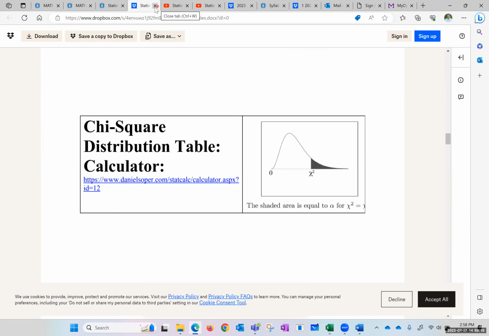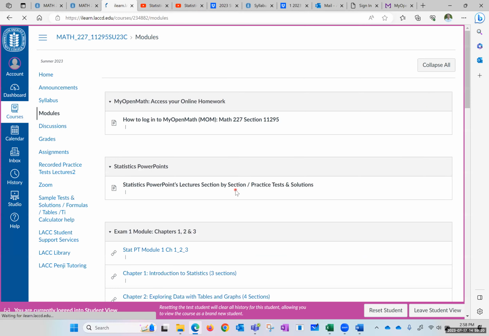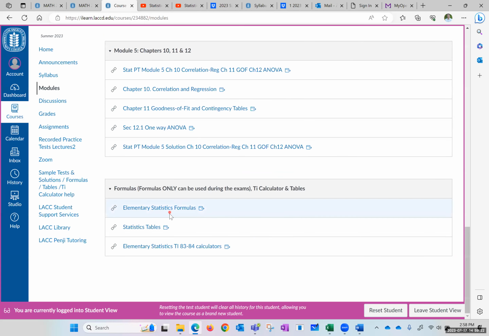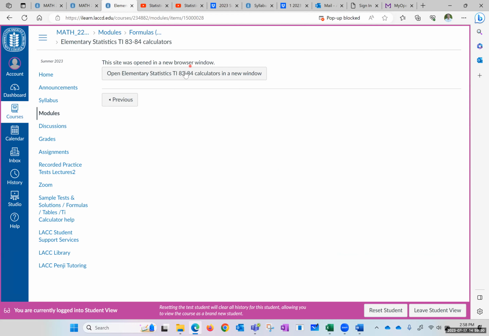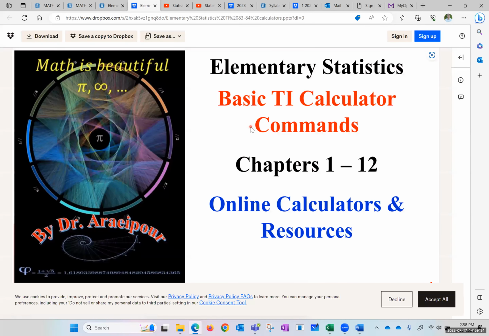So we have formulas, tables. Also, we have information about calculators. Let me tell you what I have put up here. I have put up here the very first one. These are some commands that you can use. In other words, it's important to know the commands, but we can't just use the commands to say that is our work, okay?